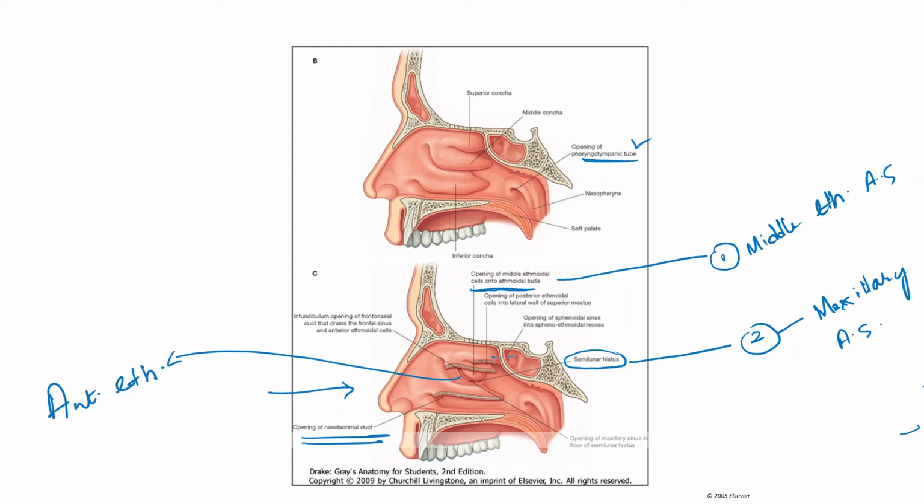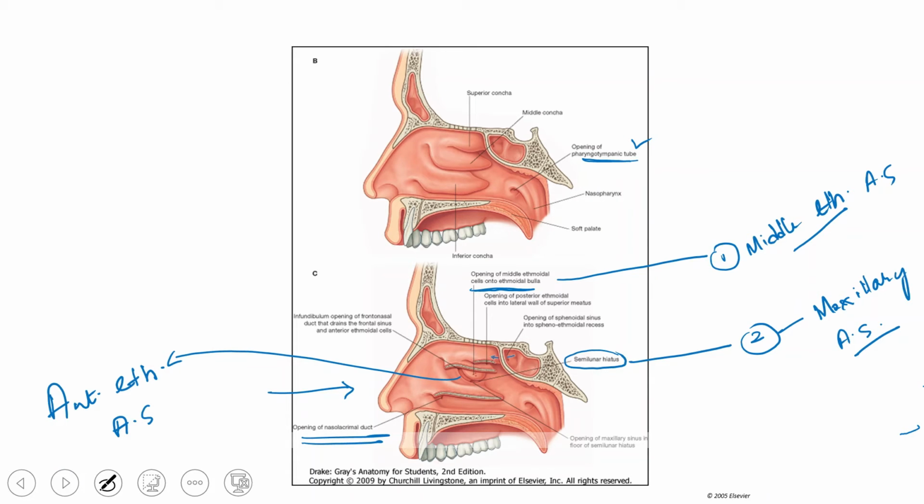So the middle meatus receives the opening of the anterior ethmoidal air sinus through the infundibulum. It receives the opening of the middle ethmoidal air sinus in the bulla ethmoidalis, and the hiatus semilunaris receives the opening of the maxillary air sinus.